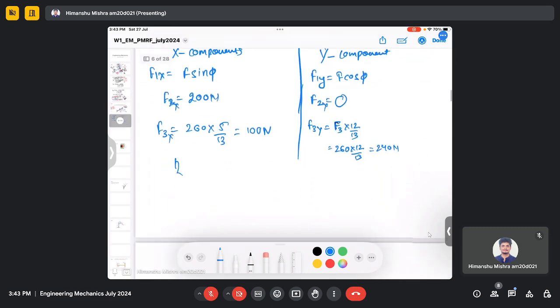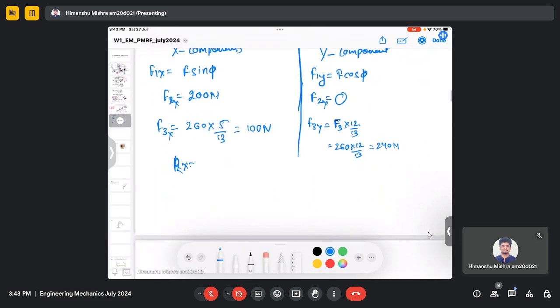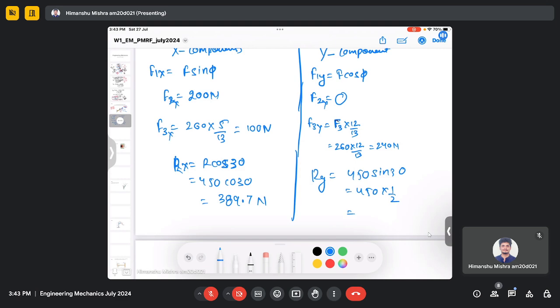Rx is R cos 30, which is 450 cos 30. It will give me 389.7 Newton. And my Ry is 450 sin 30, which is 450 times 1 by 2. So it will give me 225 Newton.